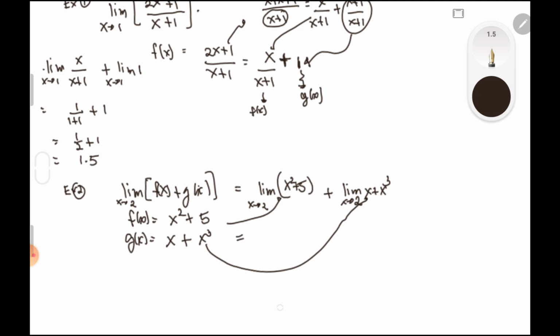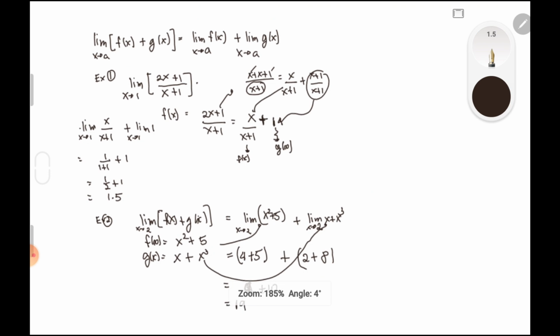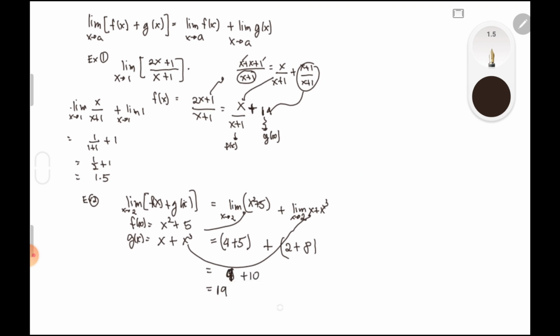So we will have a value of 4 plus 5, plus 2 plus 8. So we'll have a value of 9 plus 10, or we have 19. That is the other use of our fourth theorem.